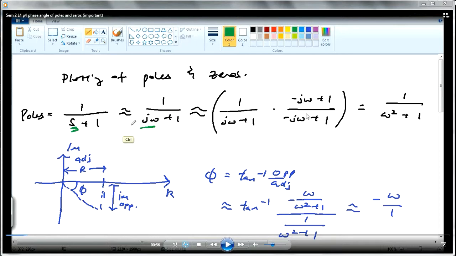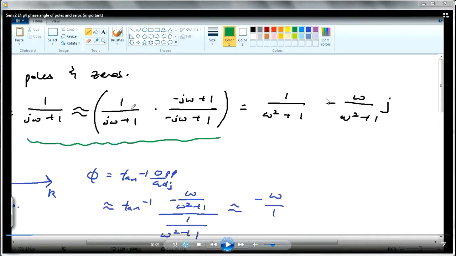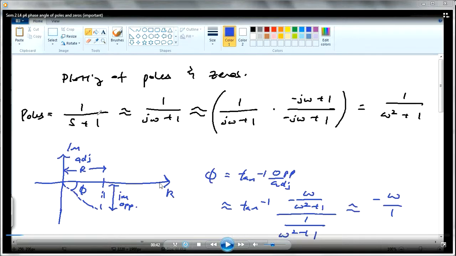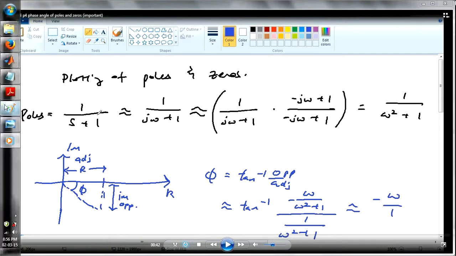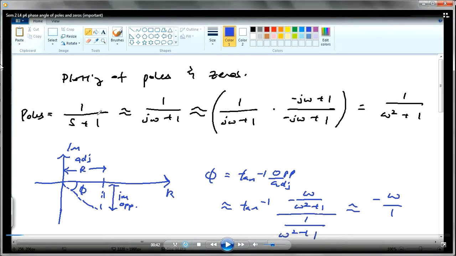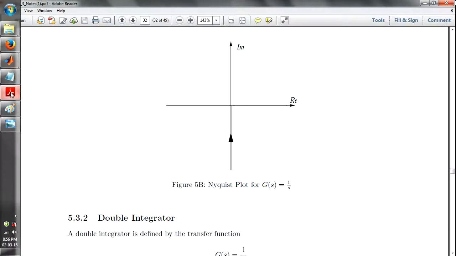After that I simply rearrange in terms of the conjugate, after which you can see the imaginary part becomes negative. This is the real and this is the imaginary. The phase angle is determined by the tangent, imaginary divided by real. The imaginary part is negative, so the angle is negative. So the poles will contribute a negative angle, while the zeros will contribute a positive angle. Please remember this.